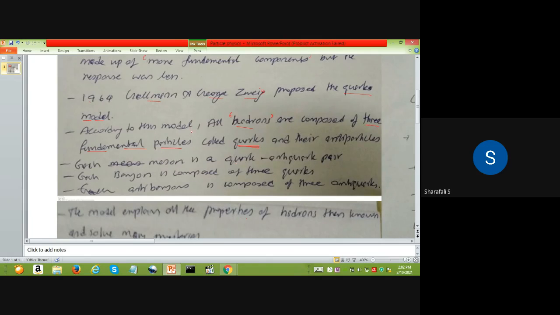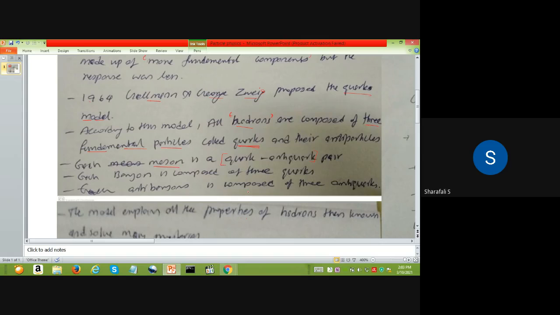Then in those hadrons, if you consider mesons, those mesons have a quark anti-quark pair, one quark and the next one an anti-quark. This pair of two particles forms the meson group.